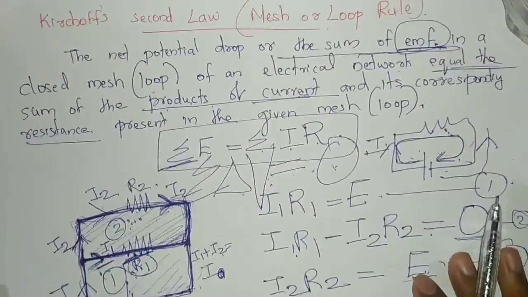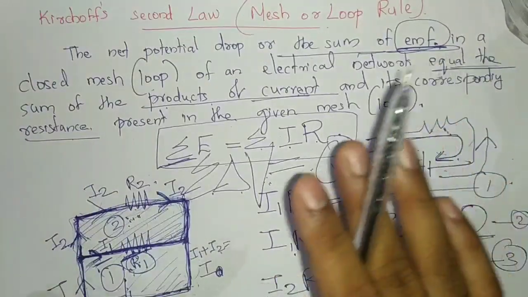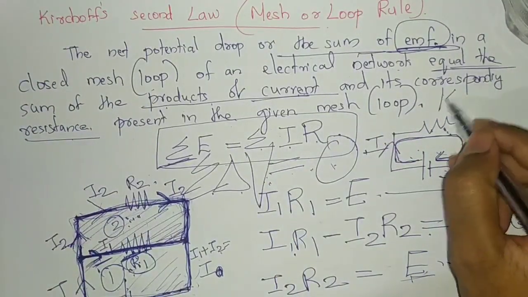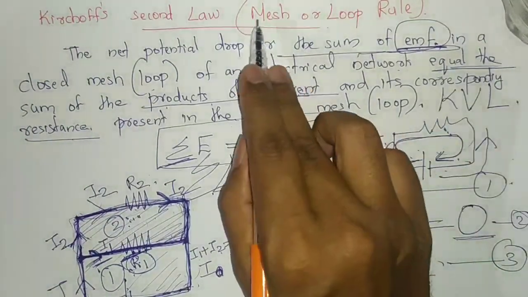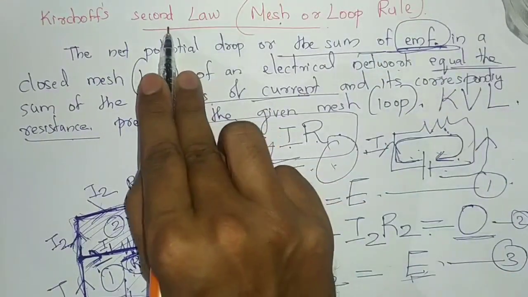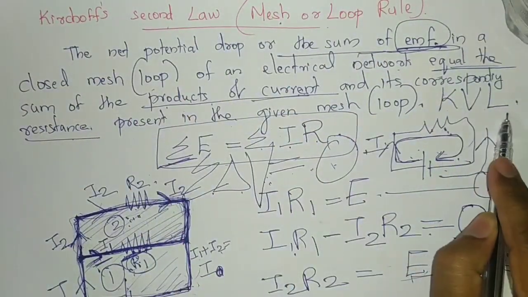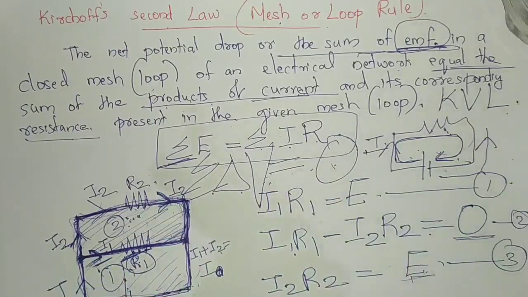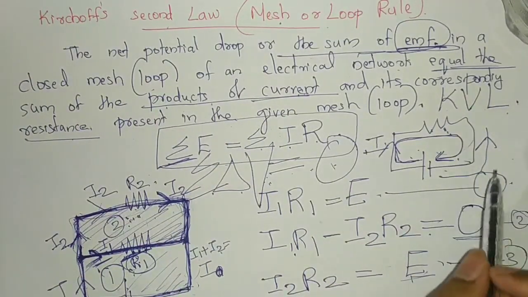That's why Kirchhoff's law is also known as Kirchhoff's voltage law. Mesh rule, loop rule, second law, as well as Kirchhoff's voltage law. Everything is the same. First one was known as Kirchhoff's current rule, and here it is called Kirchhoff's voltage law.